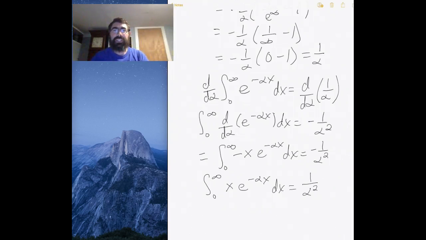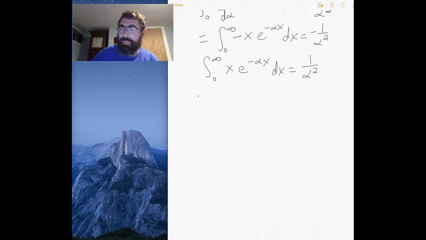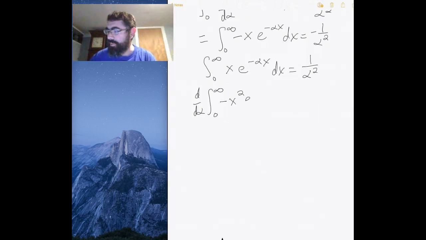If I differentiate again, so if I take the derivative one more time with respect to alpha, I would get minus x squared. Whoops, sorry. Don't want to skip steps. And we get this.